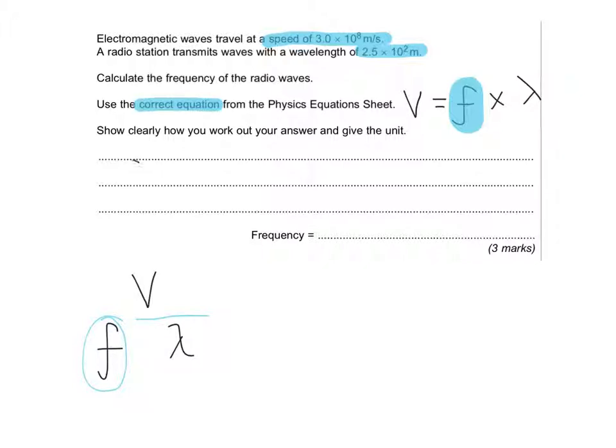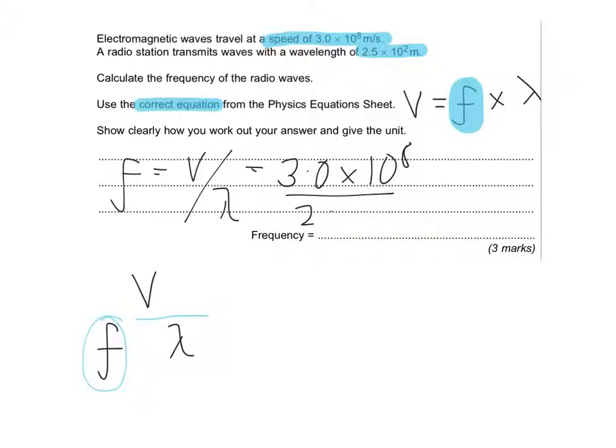So if our frequency equals our speed divided by our wavelength, then that is equal to our speed of 3 times 10 to the 8 divided by 2.5 times 10 to the 2.